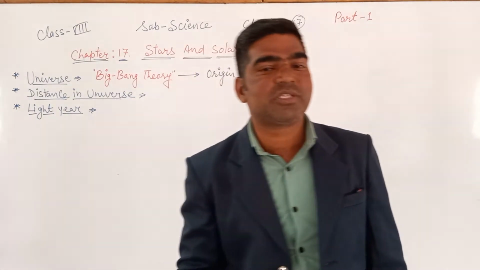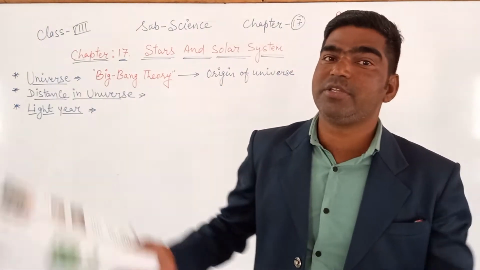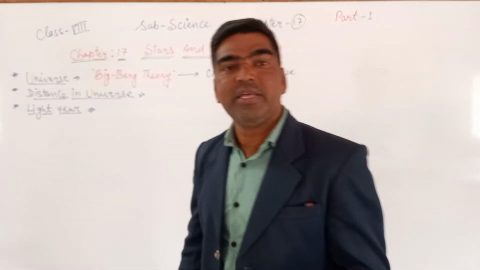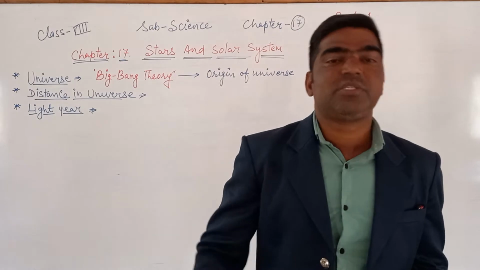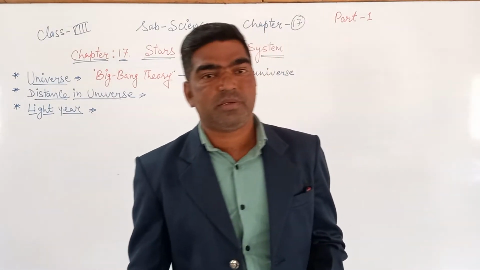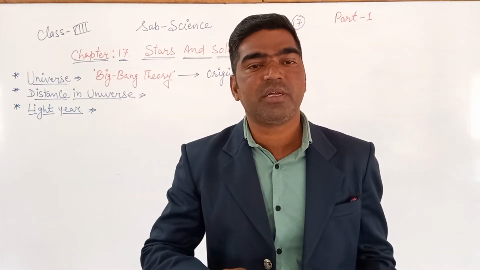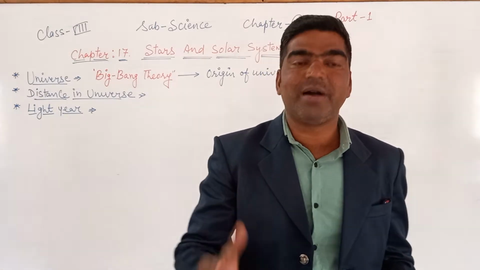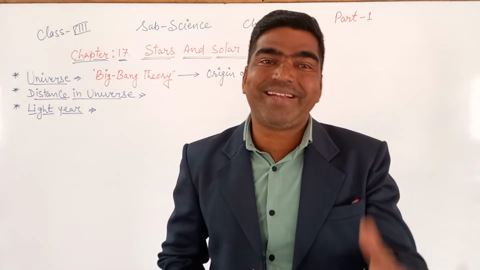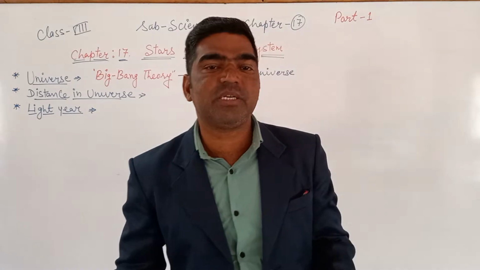I hope today's class is going to be very interesting, because we explore knowledge about this universe, the planets, and the sun or a star. Generally, during the night when we see the sky, it looks different from the day sky. If we compare the sky of daytime and nighttime, we find many differences.